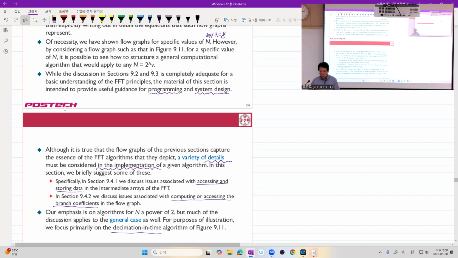So they talk about the importance of the storage, or even some design of circuit board to efficiently implement the system. Here, the programming and system design means that now you use, for example, Python, and you just download some module that performs FFT.